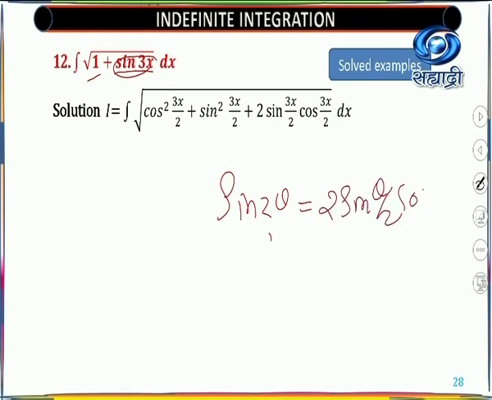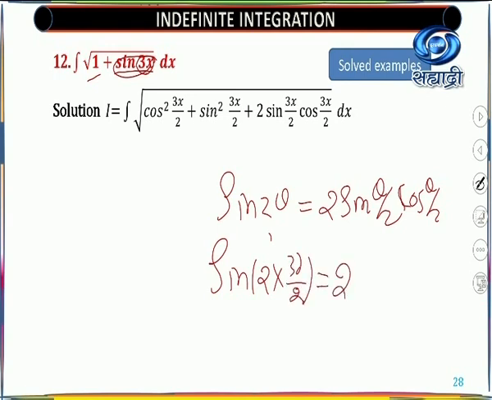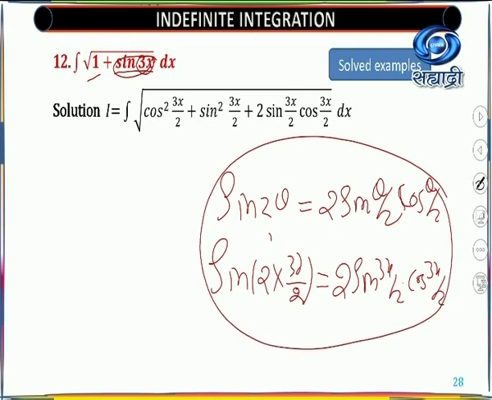For sine theta by 2 cos theta by 2, that is the half angle. Here 3x upon 2 we want, that means multiply by 2. So I will write this as 2 into 3x upon 2. So you will get this as 2 sine 3x upon 2 into cos 3x upon 2. So you use this angle formula.